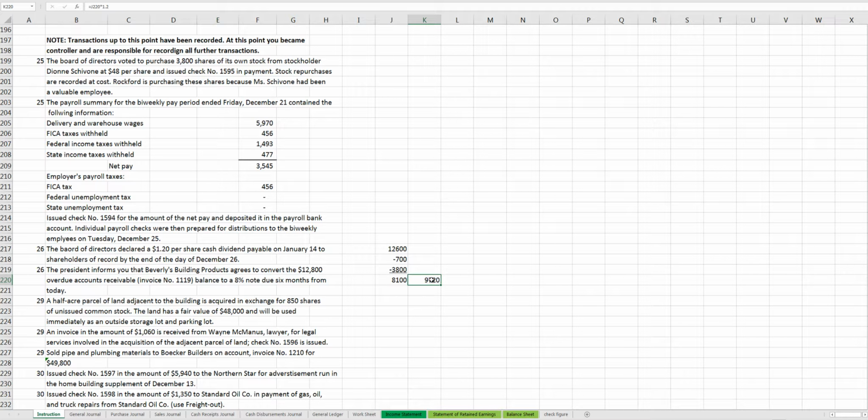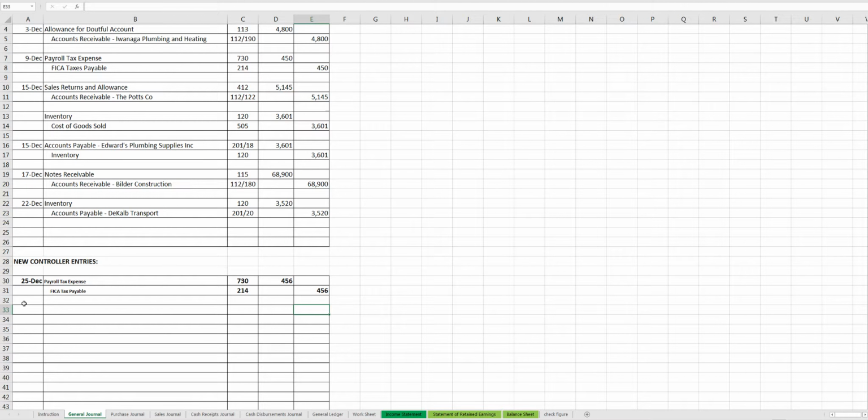Again, this is not a cash transaction, not a purchase, not a sale. So this will be reported in the general journal, right? So 2026, we're going to report dividend. Going to find out the account number. And then credit dividend payable.